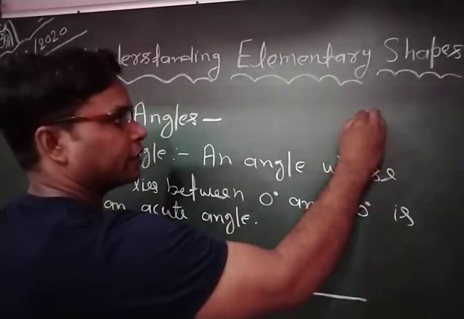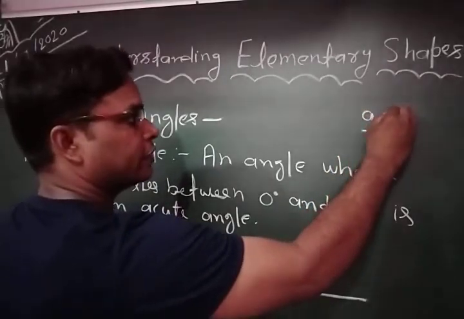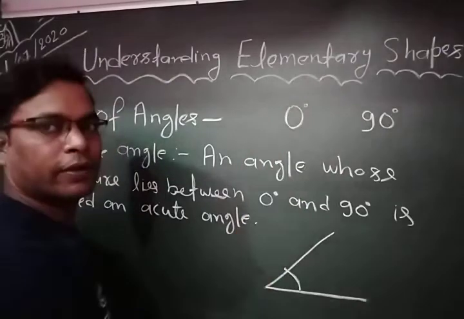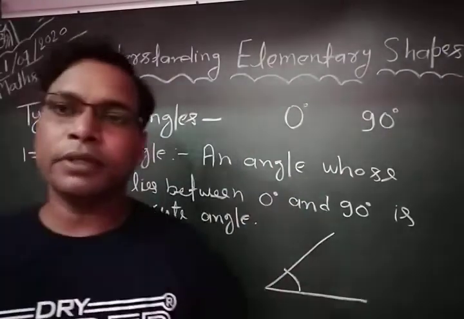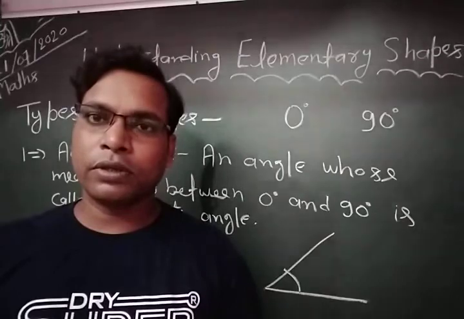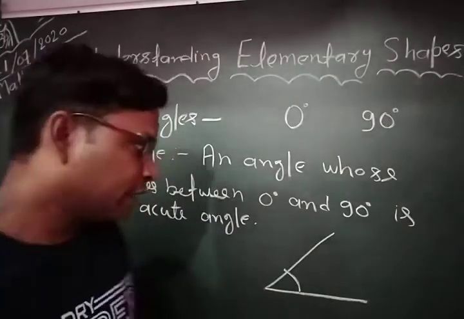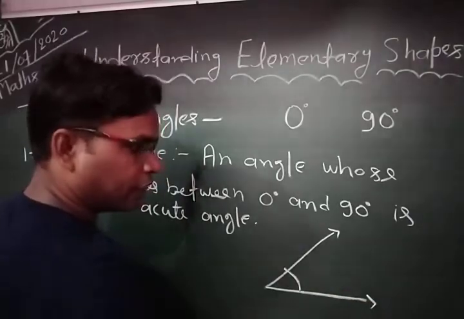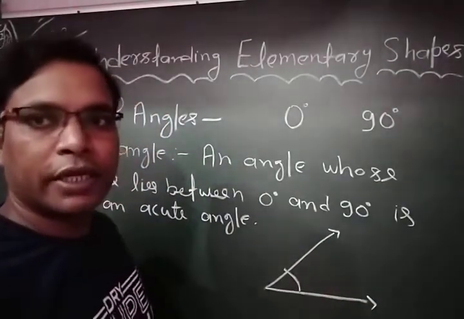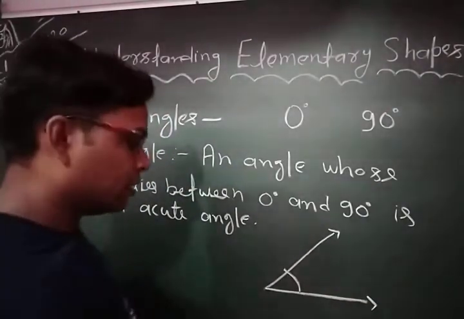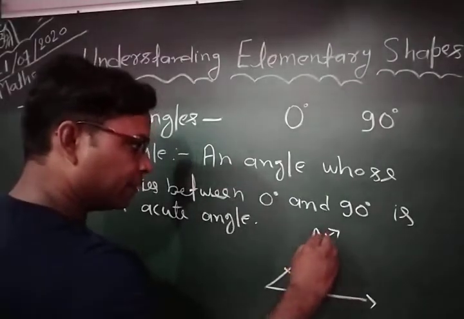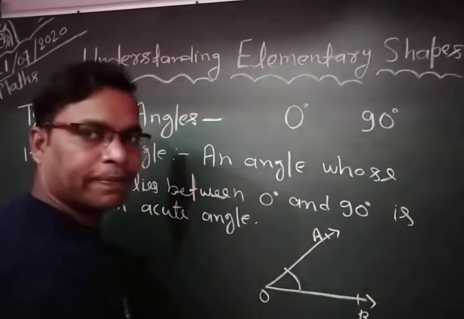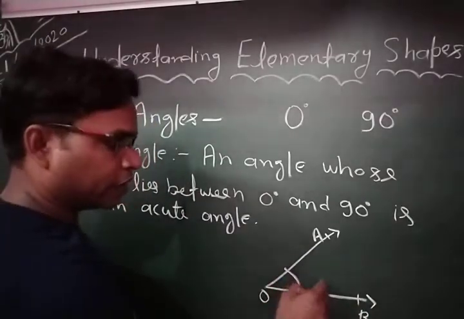So an acute angle lies between 0 and 90 degrees, which means that the maximum value of an acute angle is 89 degrees. You can write, suppose, angle AOB. This is the acute angle.